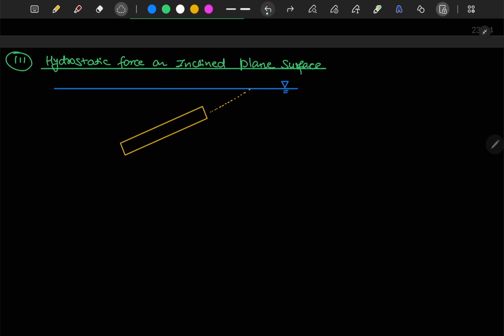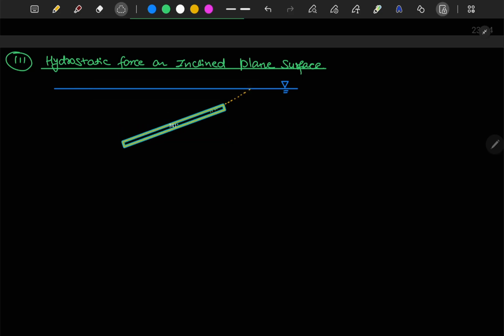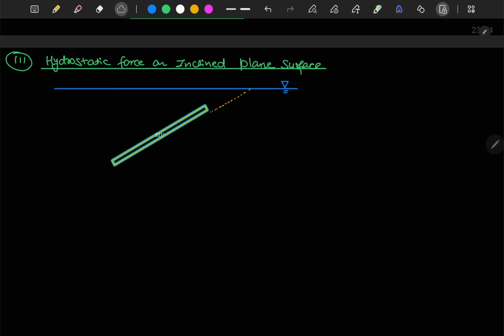Let me make it again. Let's say this is your plate, and I will be making it very thin. So let's say the surface is like this. Let's say this angle is theta, and this point is O.